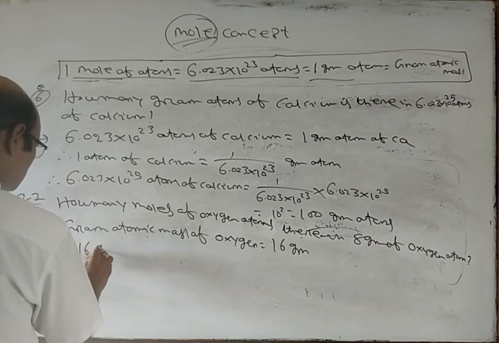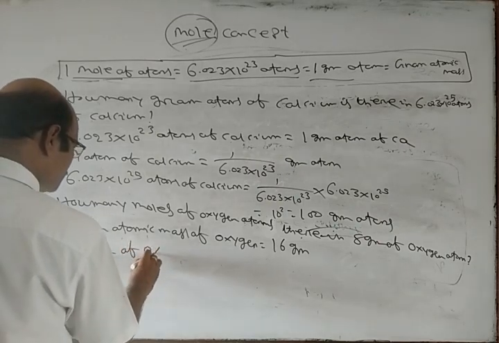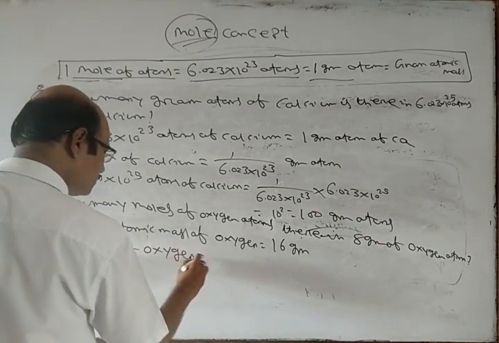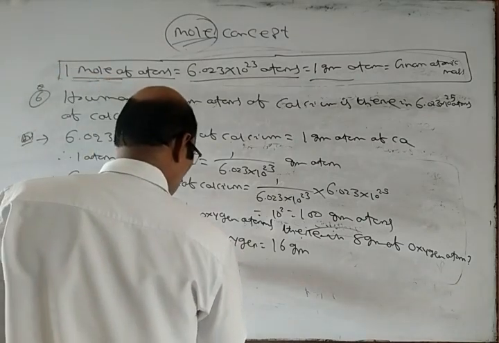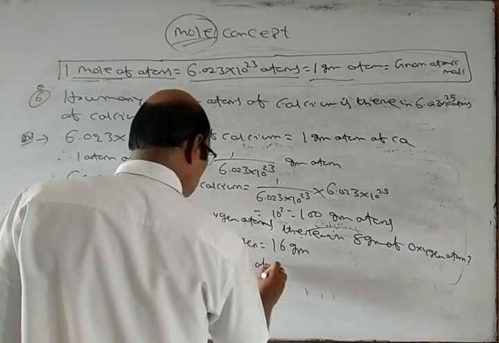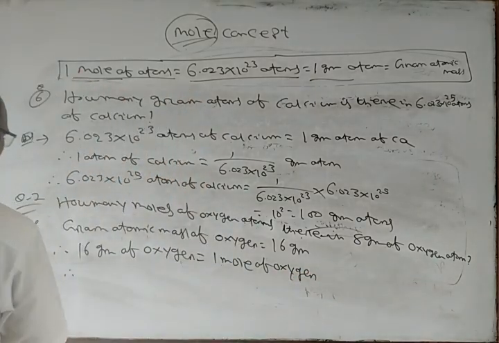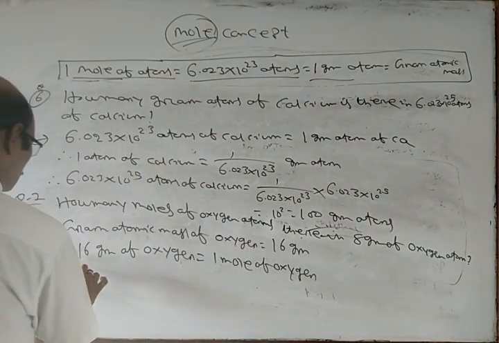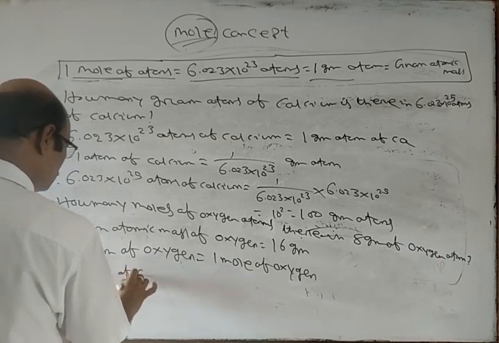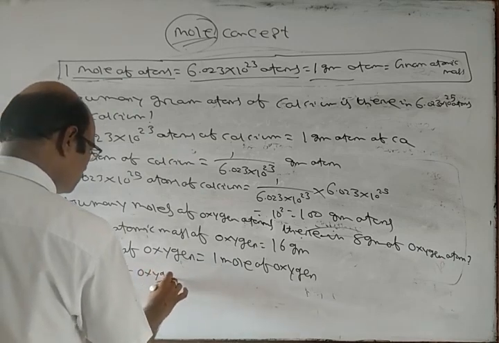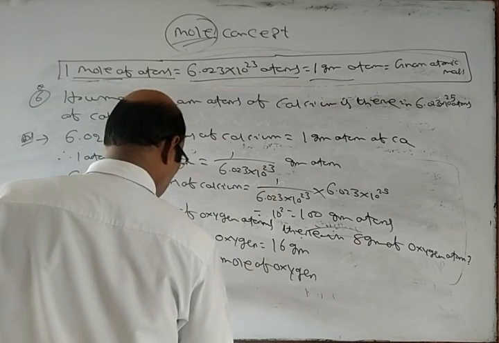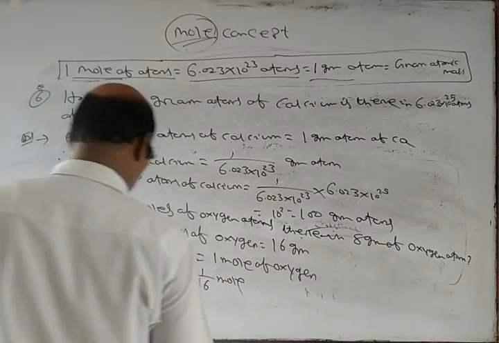Okay. Now therefore 16 gram of oxygen is equal to 1 mole of oxygen. Therefore 1 gram of oxygen is equal to 1 by 16 mole.